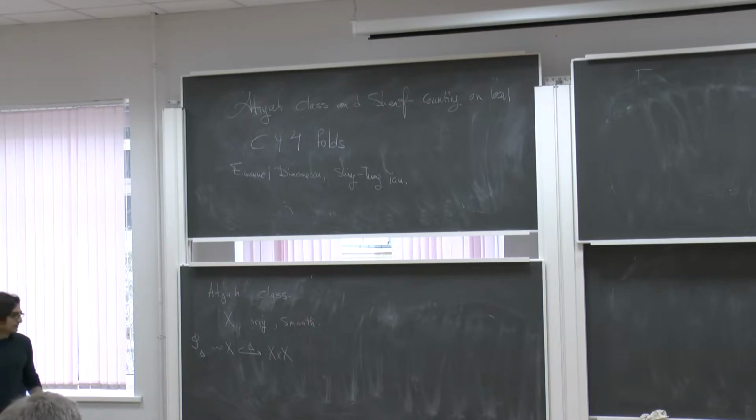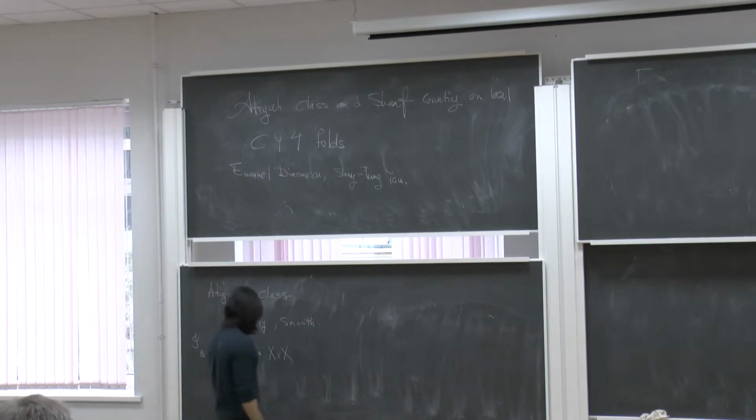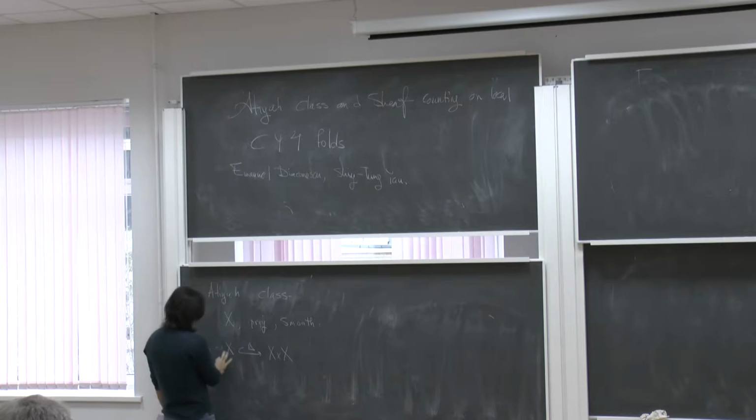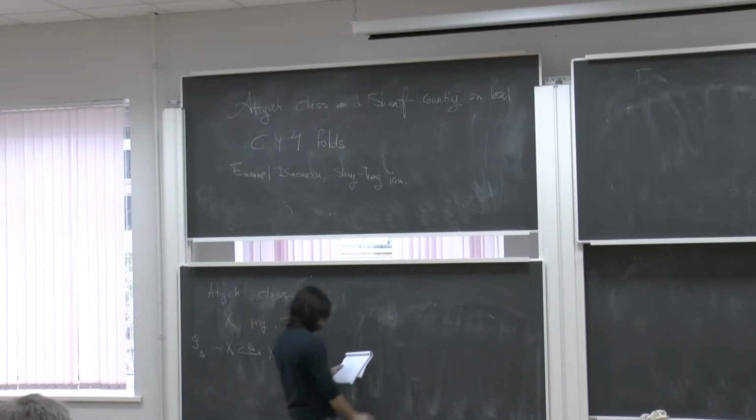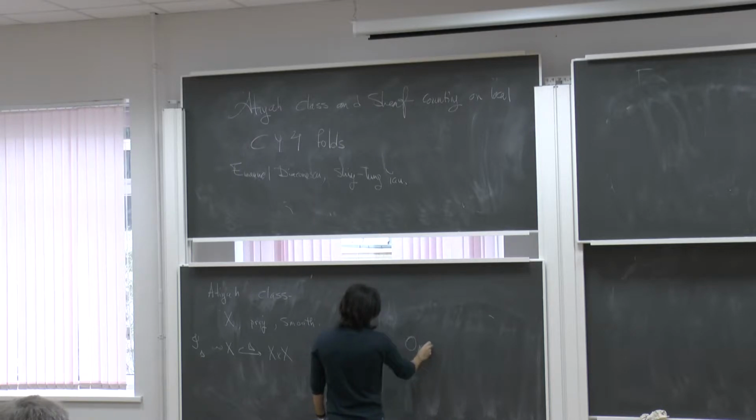We call it I of delta. And we can study the infinitesimal neighborhood of X inside this product. So we have O of 2 delta, which is basically O of X cross X mod I of delta.